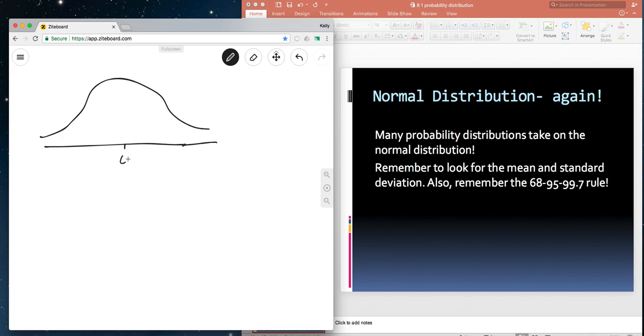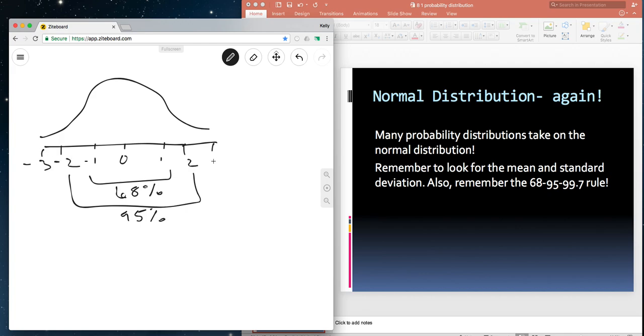It is centered around our mean of 0, and within 1 standard deviation, remember that this was 68% of the data, and within 2 standard deviations it was 95% of the data. And then, of course, within 3 standard deviations, hopefully this is ringing a bell for you guys, that was 99.7% of the data.